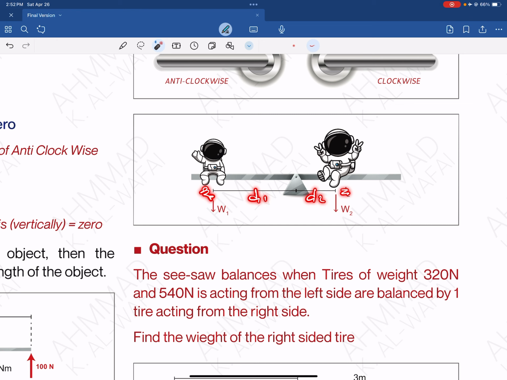This small astronaut is actually balancing this heavier astronaut. Why? Because though he's got a smaller force, he's got a larger distance to the pivot. So the turning effect of this small astronaut balances the turning effect of the larger astronaut. The larger astronaut has a smaller distance, so he causes a smaller turning effect.